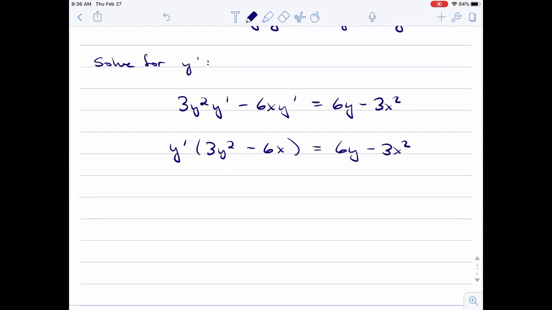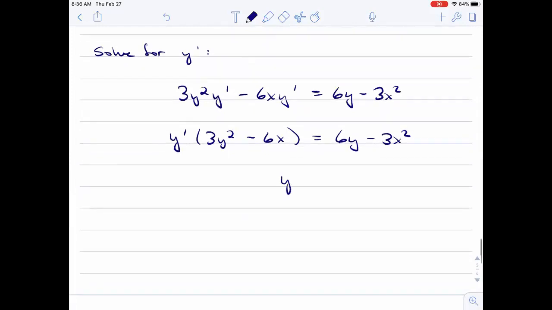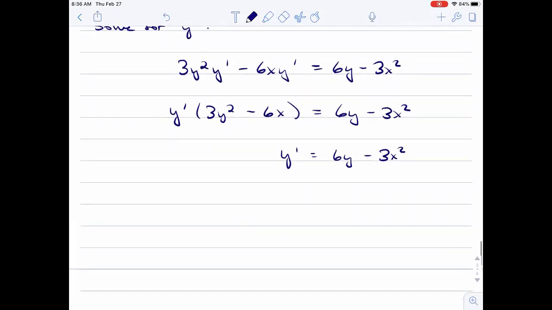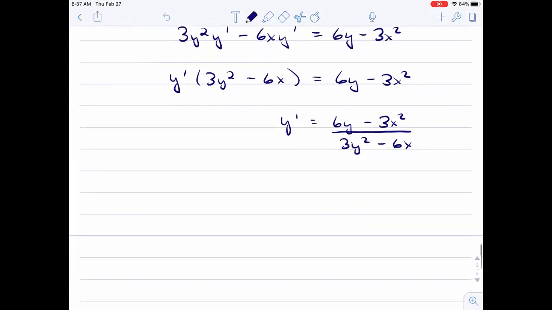So now I've got y prime is 6y minus 3x squared over 3y squared minus 6x. Yeah, can probably just pull out a common 3 on both of these.